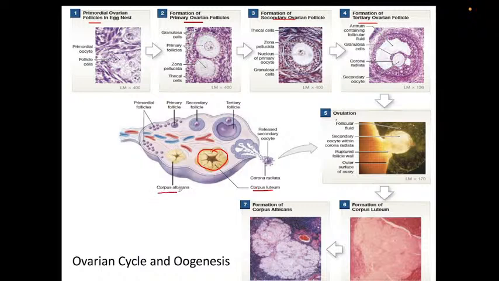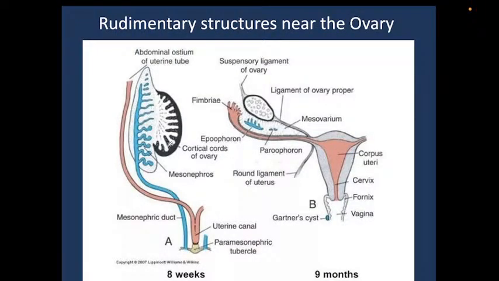we see only the corpus. Other organs are located near the ovary, and these are the oophoron and paraoophoron. Usually they are located in the mesovarium, and anatomically or embryologically they are parts of the mesonephric duct.